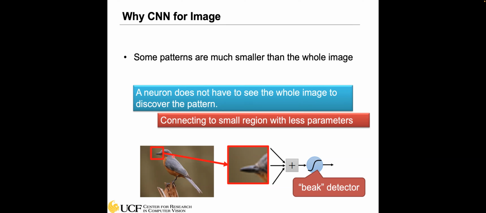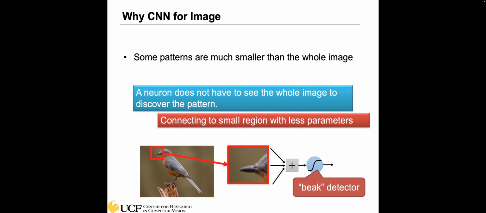That means some of the important patterns are actually much smaller than the whole image. For this whole image, the background does not give you any important information. If I just select a very small region on the back of this bird, all you can tell is just a bit of fur, and maybe I'm still not able to distinguish it.